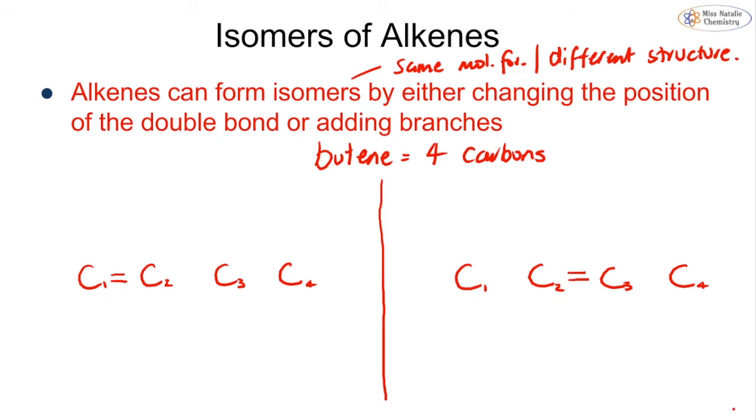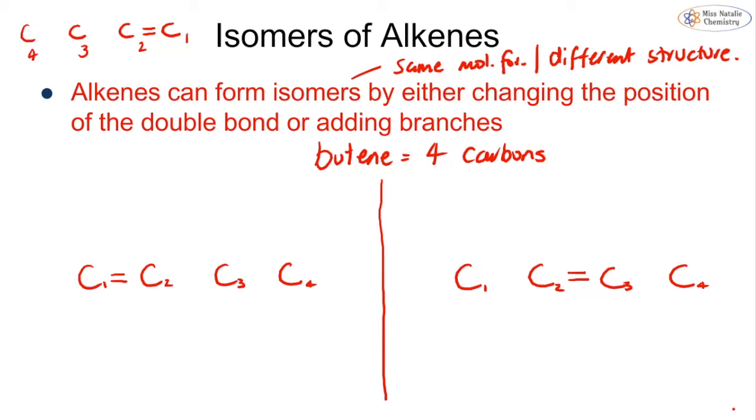Now, when we number the carbons the way that I have there, we always number them so that the double bond is on the lowest possible number. Meaning, if I had my carbons again, if I draw it just up here, and I put my double bond there, I would actually number them this time from right to left. So you can never have your double bond between carbons 3 and 4.